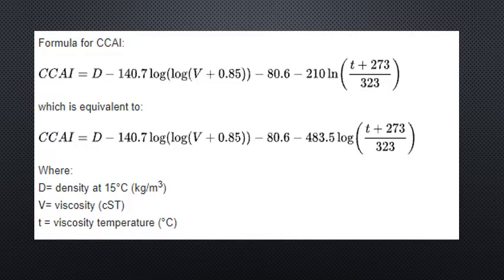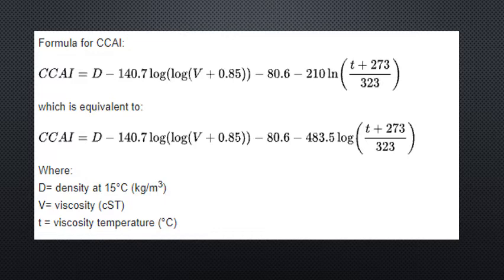The formula for CCAI is D minus 140.7 log of V plus 0.85 minus 80.6 minus 210 ln of (T plus 273) upon 323.